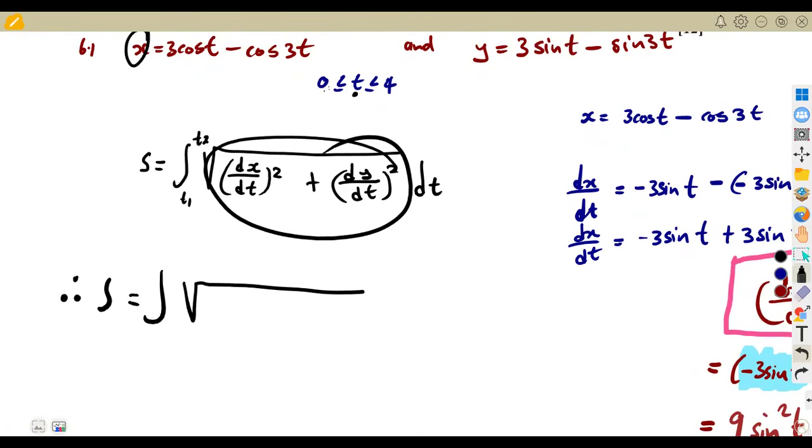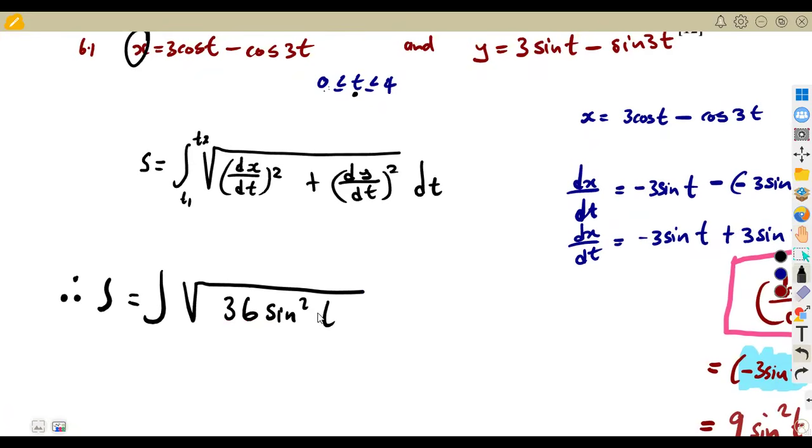This is the one that we were simplifying before. We got 36 sine squared t. This is what we got with respect to t. And t1 and t2 are the limits that we are given for t, lower limit and upper limit. So we've got a lower limit of 0 and upper limit of 4.